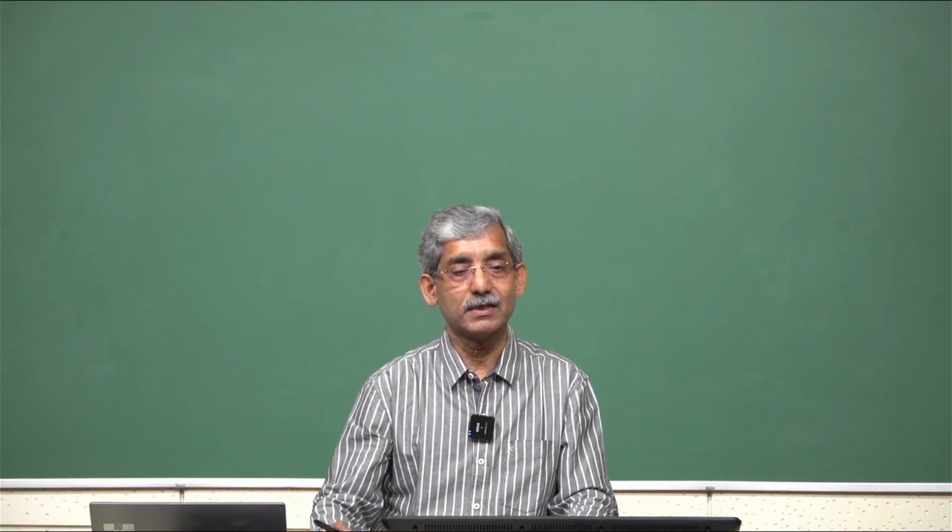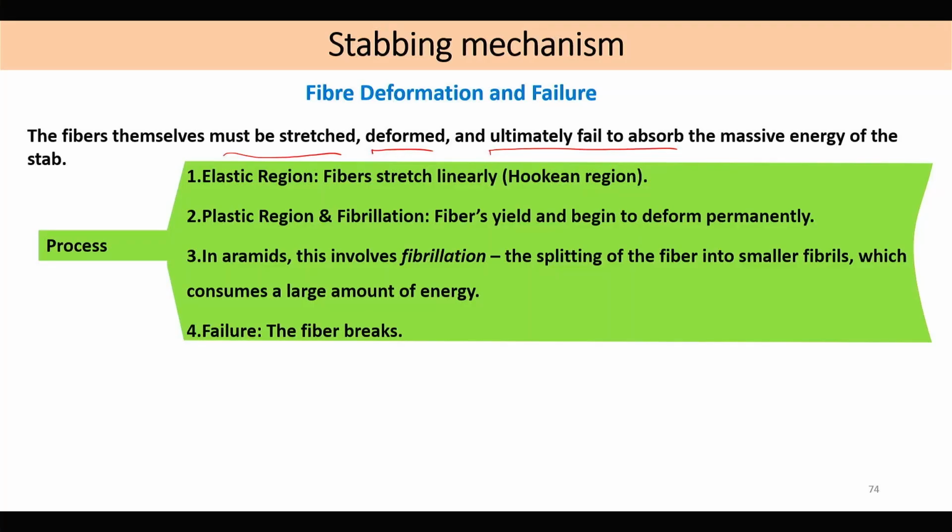The process is that in the elastic region the fiber is stretched linearly, that is the Hookean region. In the plastic and fibrillation region, the fiber yields; it will cross the yield point and begin to deform permanently. In this way, it absorbs the energy.